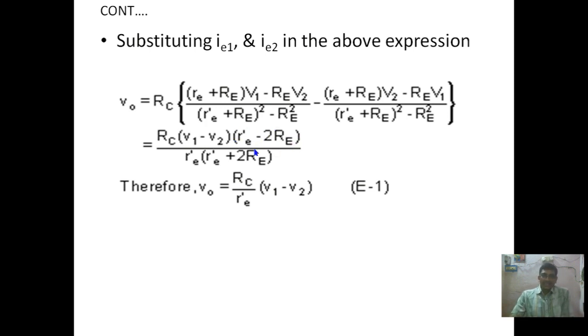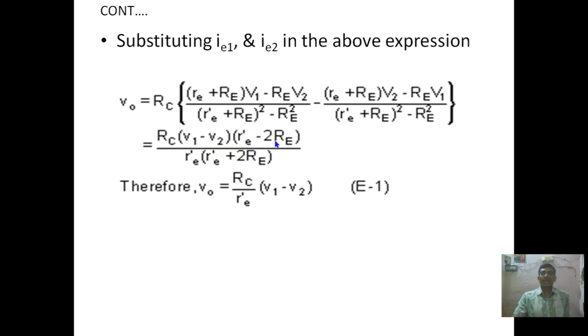In this equation, the value of small re dash is very small when compared with the capital RE. The value of internal emitter resistance Re dash is very much smaller than the external emitter resistance Re. So that's why we can neglect Re dash in these two terms.